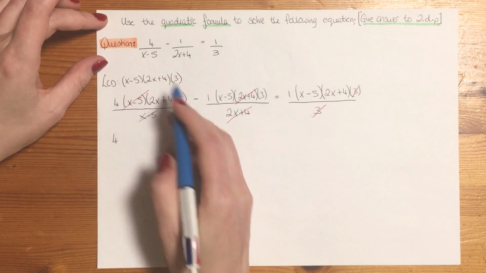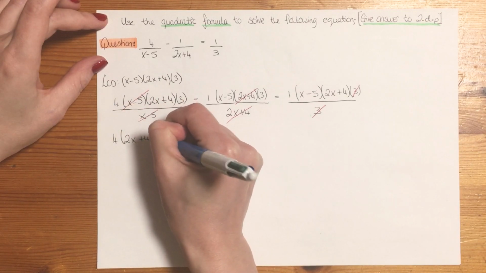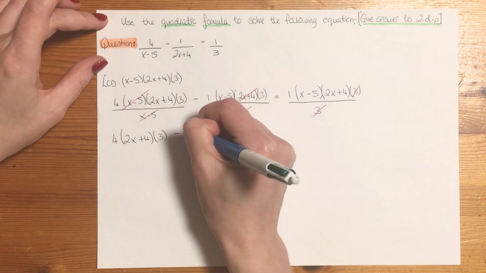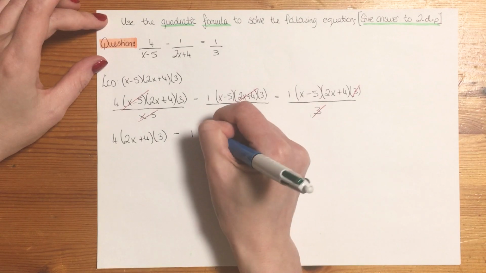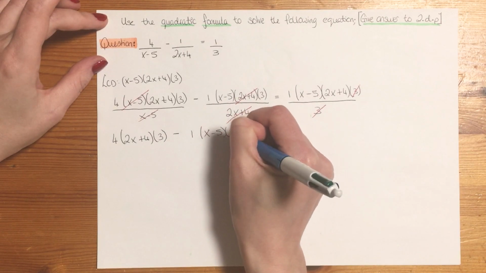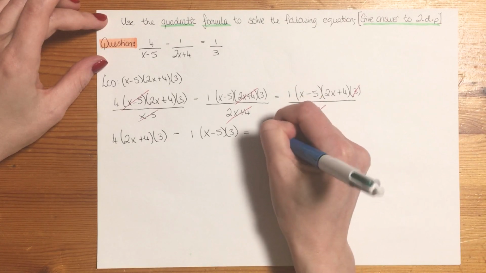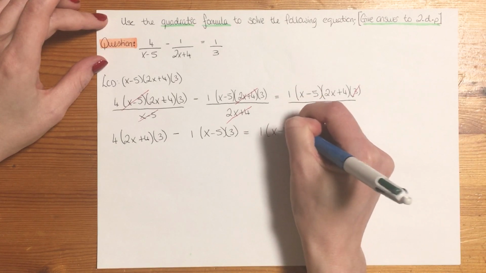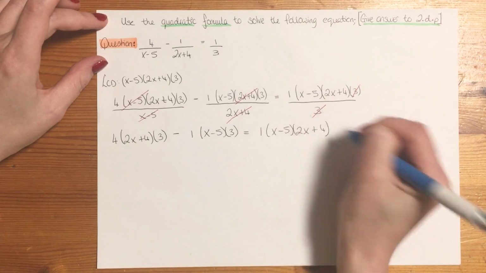We've got 4 multiplied by 2x plus 4 times 3, minus 1 times x minus 5 and 3, equals 1 times x minus 5, 2x plus 4.